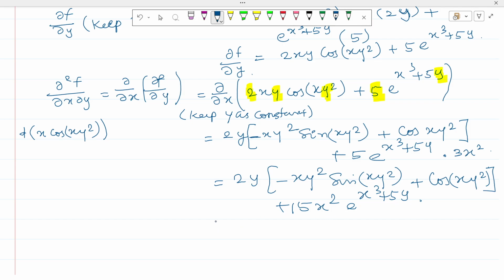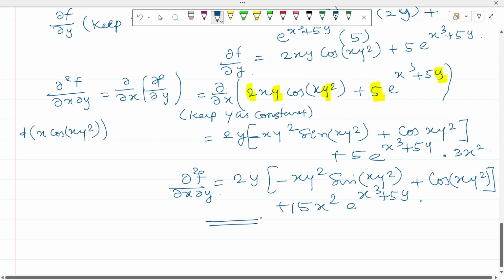So this is the answer for del square f by del x del y. So similarly you can calculate del square f by del y del x.